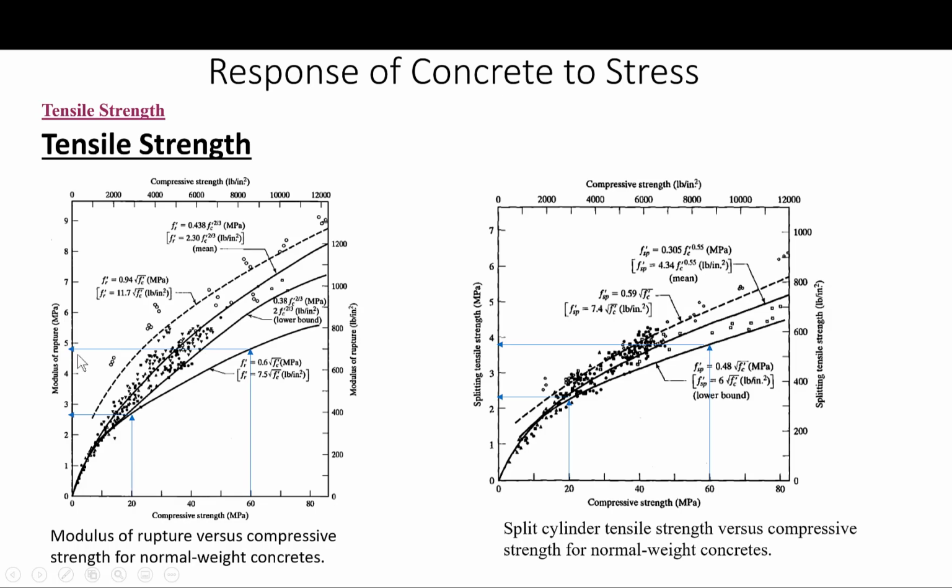So this is relating the modulus of rupture to the compressive strength, and this is the split tensile strength to the compressive strength. So as you can see, as the strength increases, regardless of how you measure the tensile strength, the ratio will decrease. So that's something you have to keep in mind, for both values.